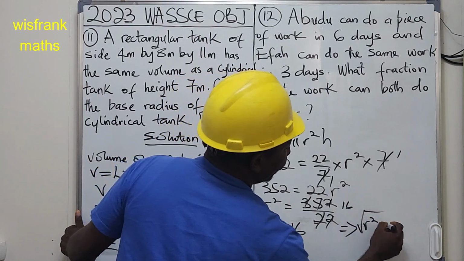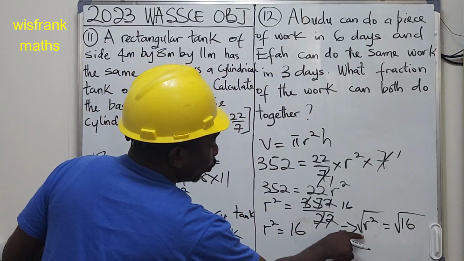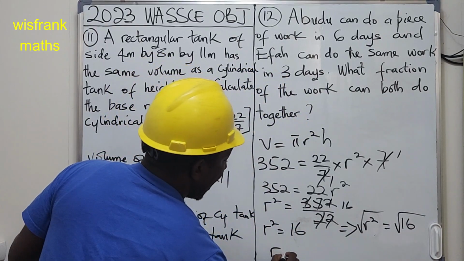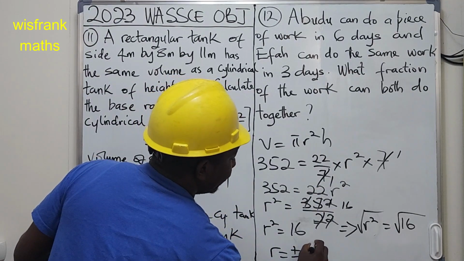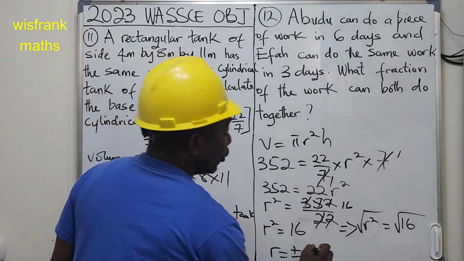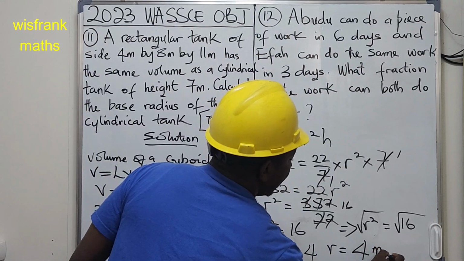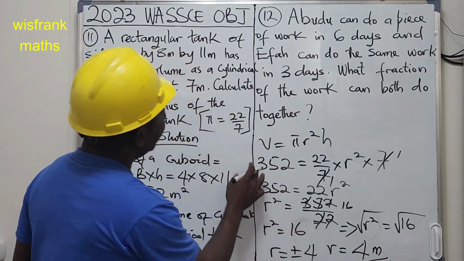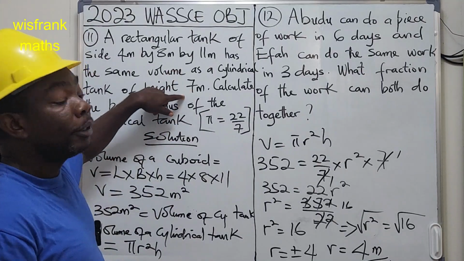We take the square root of both sides: the square root of r squared equals r, which is the square root of 16, equals plus or minus 4. In this case, we are looking for a positive value. So r, which is the radius, will be equal to 4 meters. This is the value of the radius of the cylindrical tank of height 7 meters.